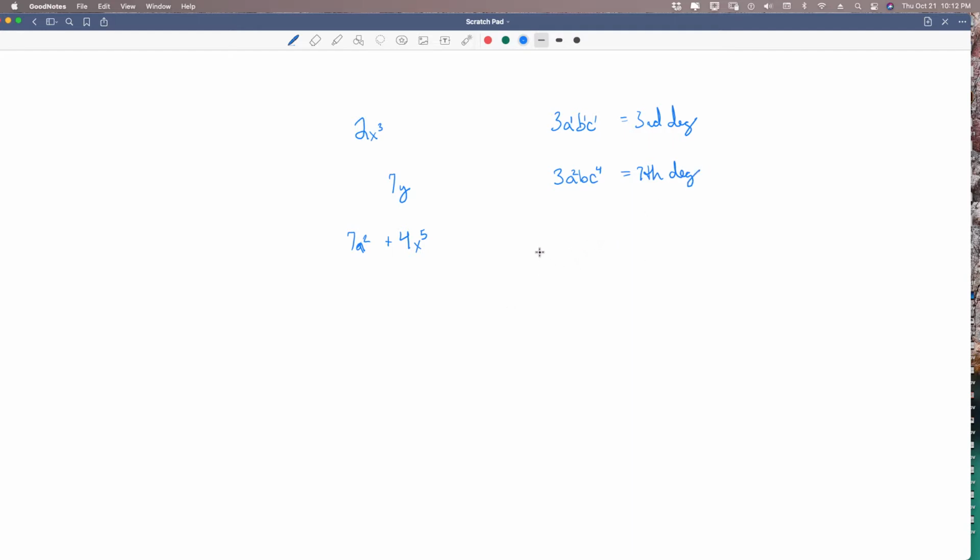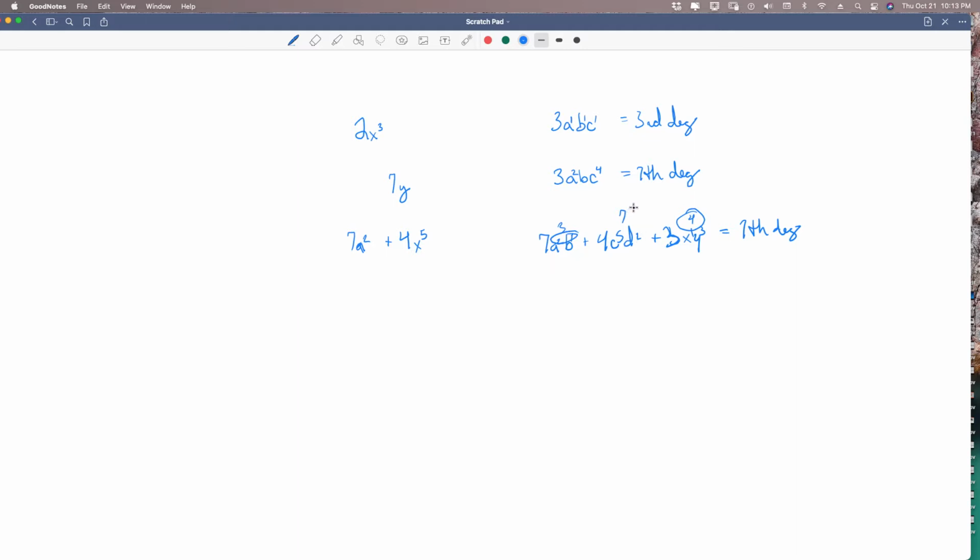If we have an expression here where we have 7a squared b plus 4c^5 d^2 plus 3xy^3, this would be considered a seventh degree because we have a 5 and a 2 here, and that is the highest one we have. This is a 3 and this is a 4 in terms of adding the exponents together.